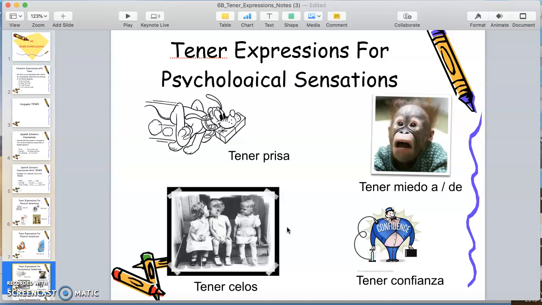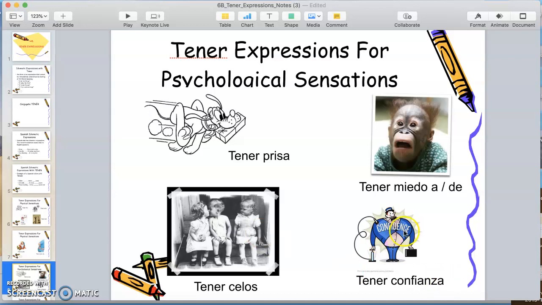So tener celos is to be jealous. And I can use that in a question. Okay, so say this little couple, they're done doing their little thing. And this little girl looks over at her BFF and says, ¿Tienes celos? Because she sees her face pouting. And then she can say, sí, tengo celos. Because I can use them in questions and responses.